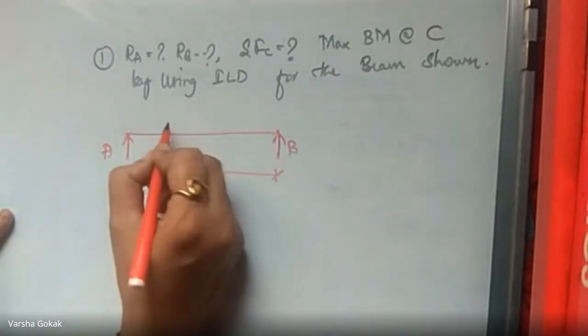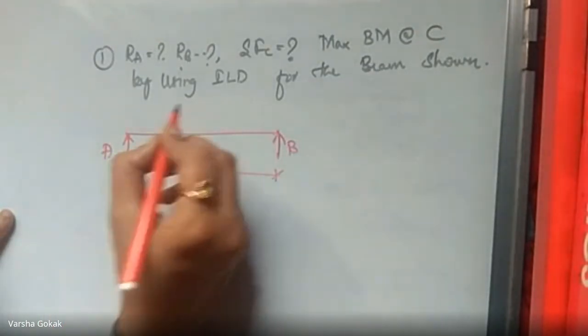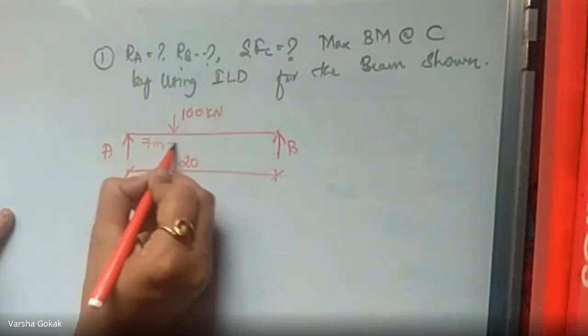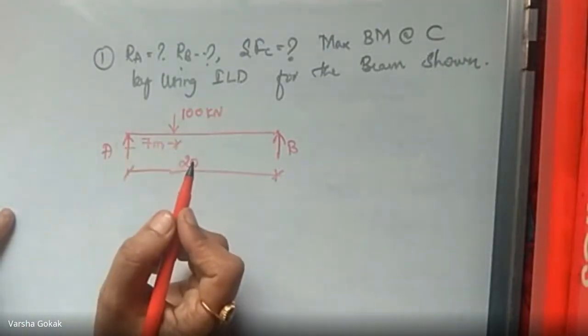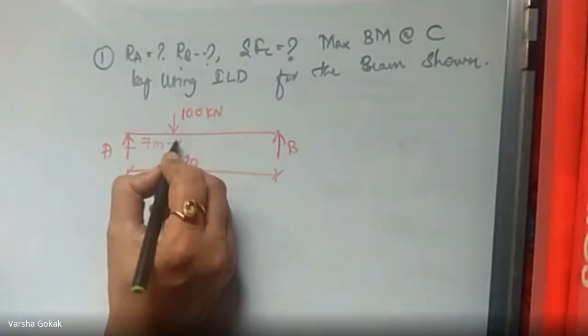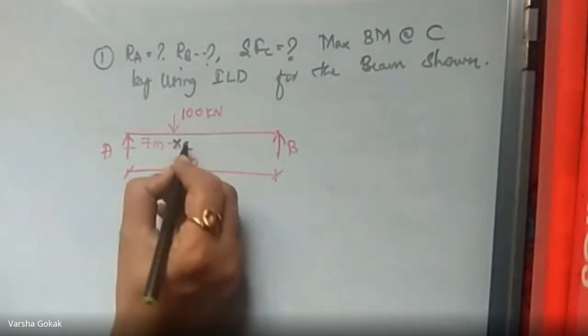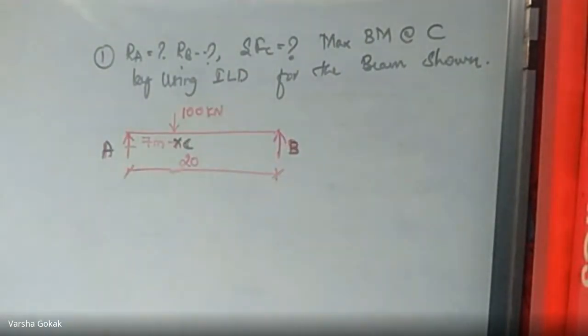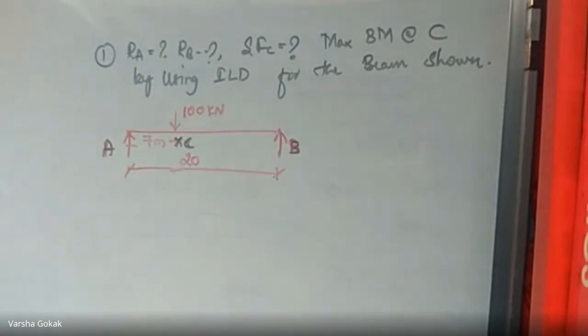At 7 meters from A, you have a point load of 100 kilonewton. This is your point C. This is the diagram that is given to us.